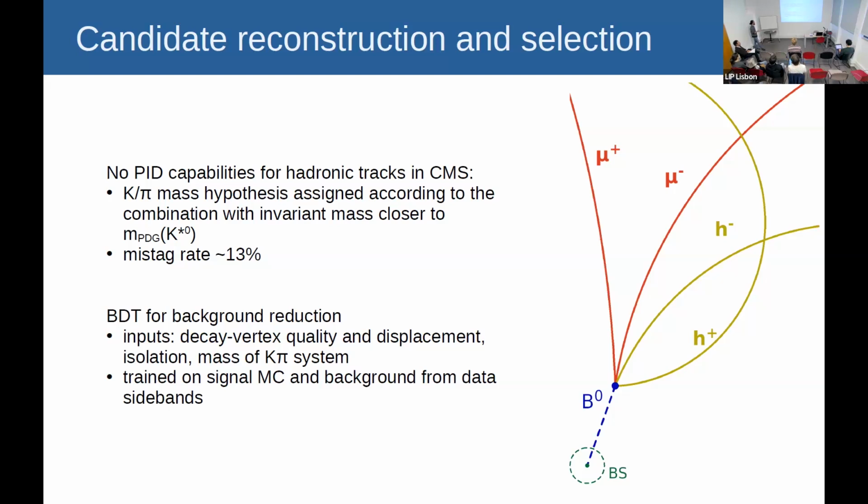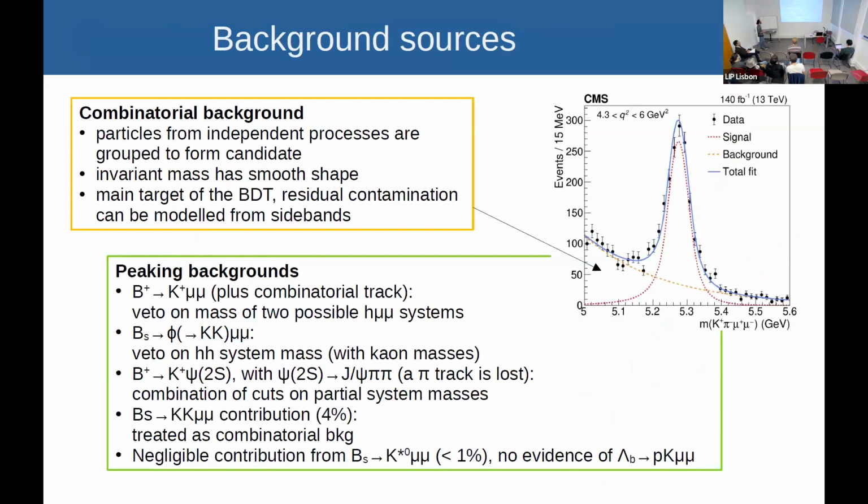This is trained using, as signal, Monte Carlo simulation of our signal, and for the background we don't want to make assumptions using Monte Carlo of the background sources entering in our decay, so we use the data sidebands to describe our background.